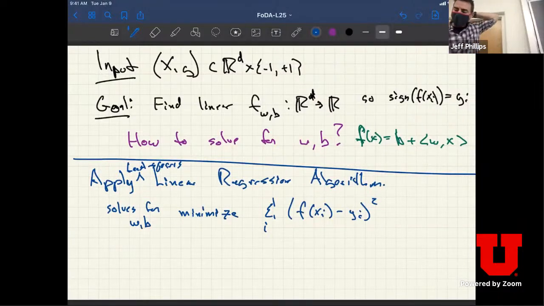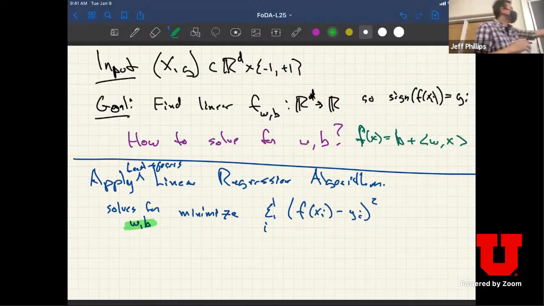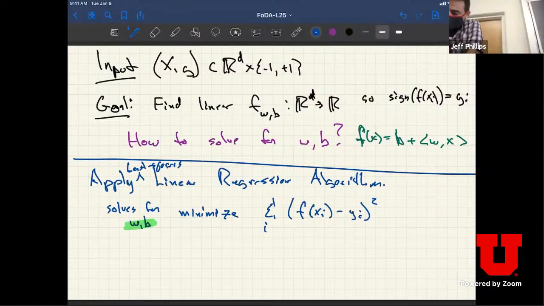And we know how to do that. We know the output of it is a linear function, which is what we want. And this seems fairly close to what we want. If the function predicted, if we met this exactly, this might give us a great solution. The yi's are either -1 or +1.